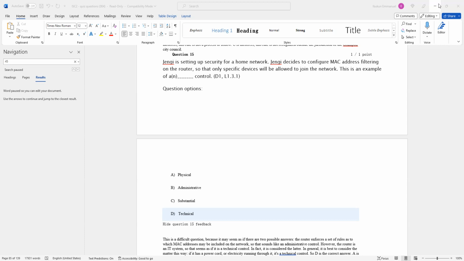And that question is asking which sort of control is MAC address filtering on a router, and that is a technical control. I always advise people that when you receive a new router, there are things you can do to keep yourself secure.